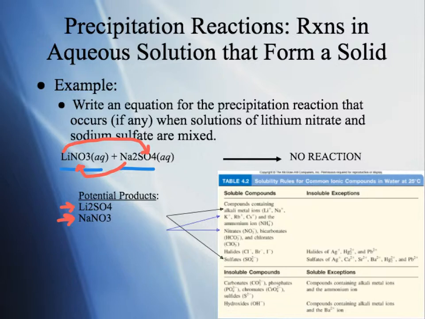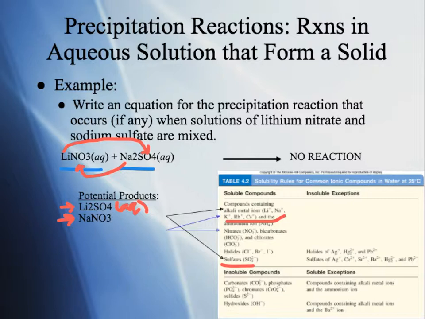And so the next thing we have to do is look at our solubility chart. Okay, so lithium sulfate. So here we have sulfates, and lithium is an alkali metal. Those guys are both soluble. So that means that lithium sulfate is going to stay dissolved in water, AQ. So we're not going to get a solid there.